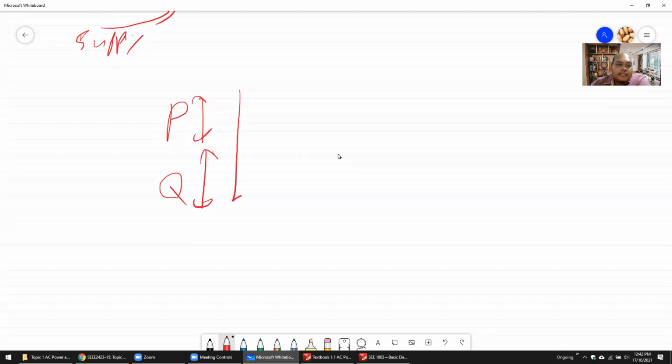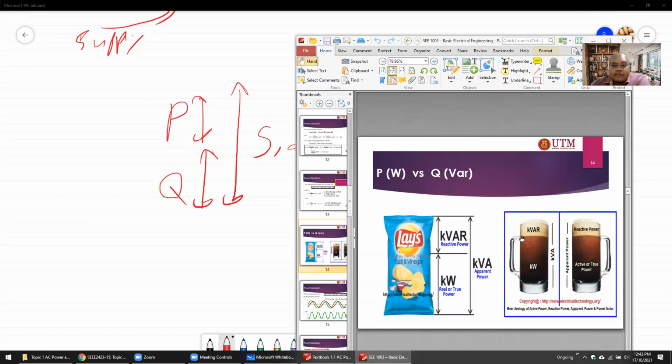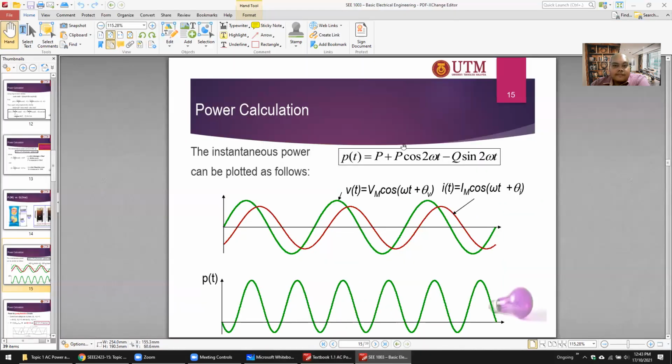When you combine them, you have the apparent power S. So basically, apparent power considers both P and Q.